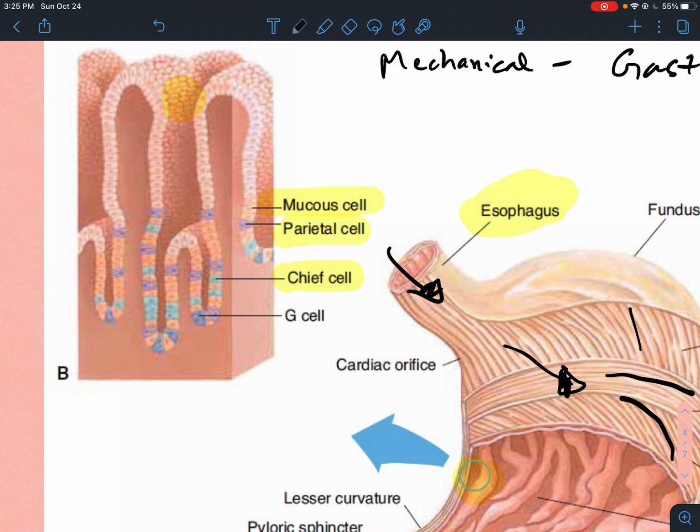And that's where your chemical digestion will come from. And we also have an endocrine component with the G cells for communication that takes place throughout the digestive system through hormones that we're going to speak about shortly.